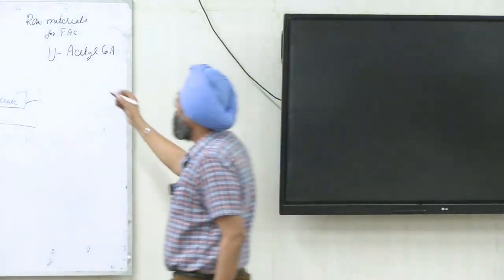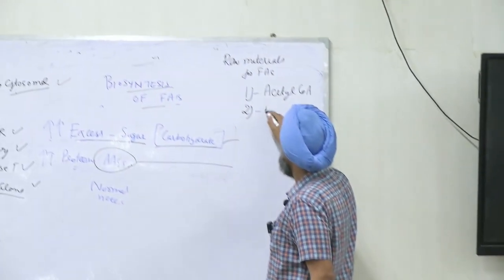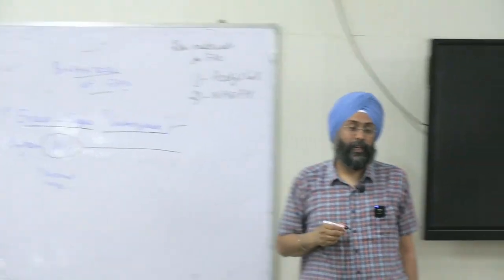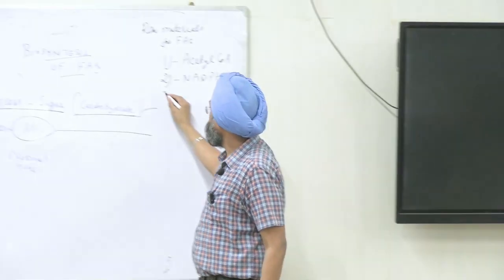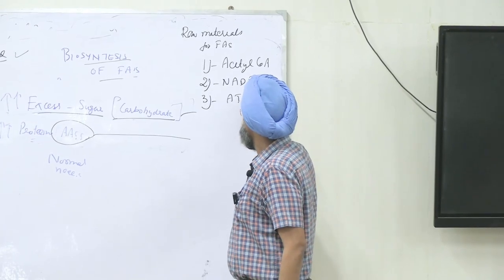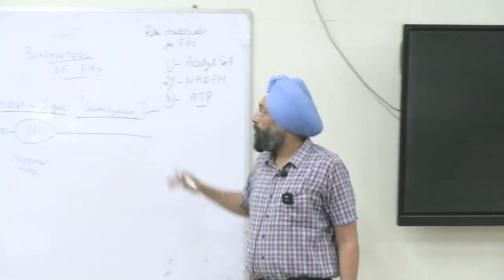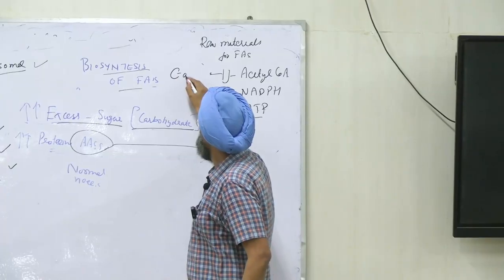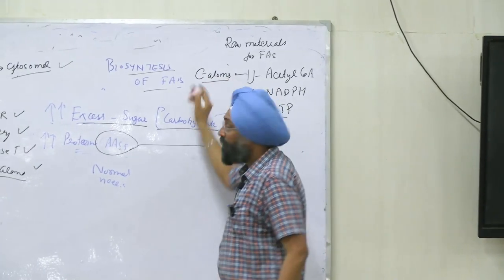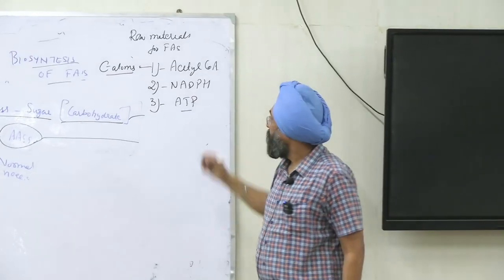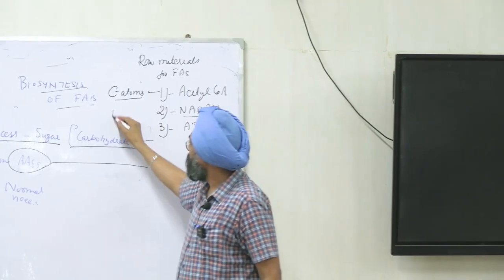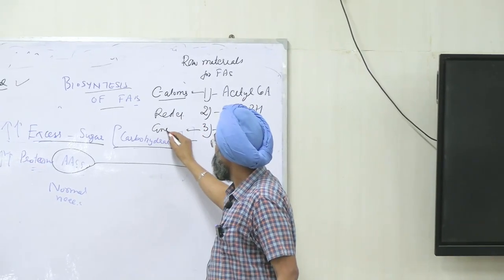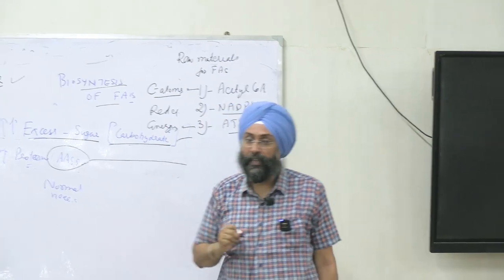The second raw material is NADPH, right? And the third one is ATP. From these three, we can synthesize fatty acids, right? Acetyl CoA will provide carbon atoms, right? And NADPH will provide reducing equivalents, and ATP will provide energy, right?